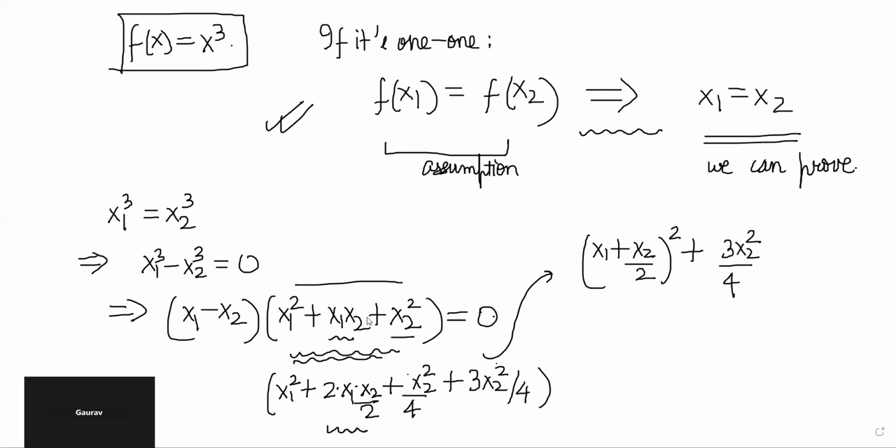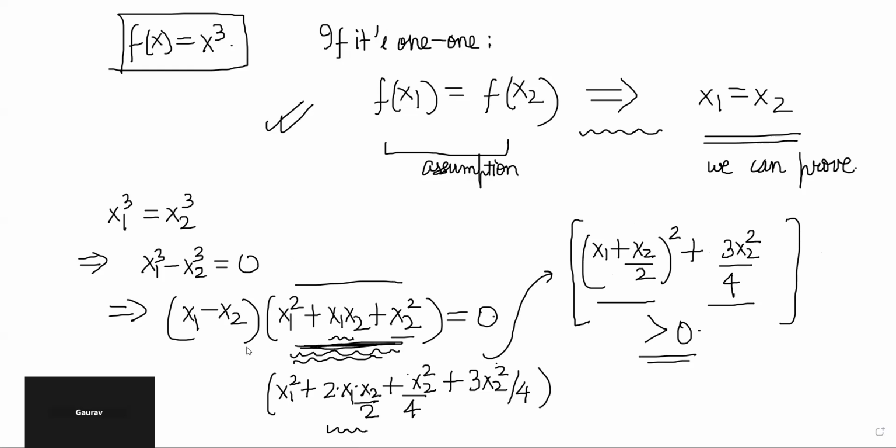Yes. So it is guaranteed now that this quantity will be greater than 0, because we are not saying x1 and x2 are both 0. Only in that case it will be equal to 0, right? We are not taking the case where x1 and x2 are both 0. So in that case, this quantity can never be 0, right?